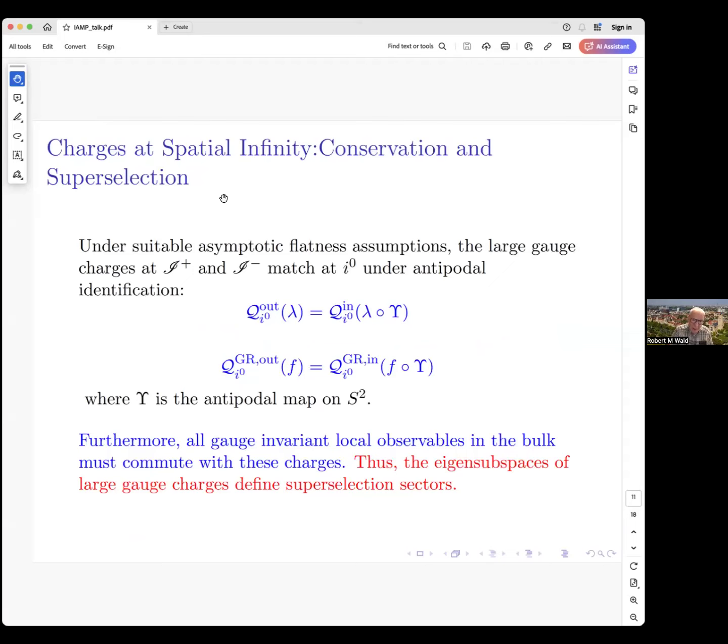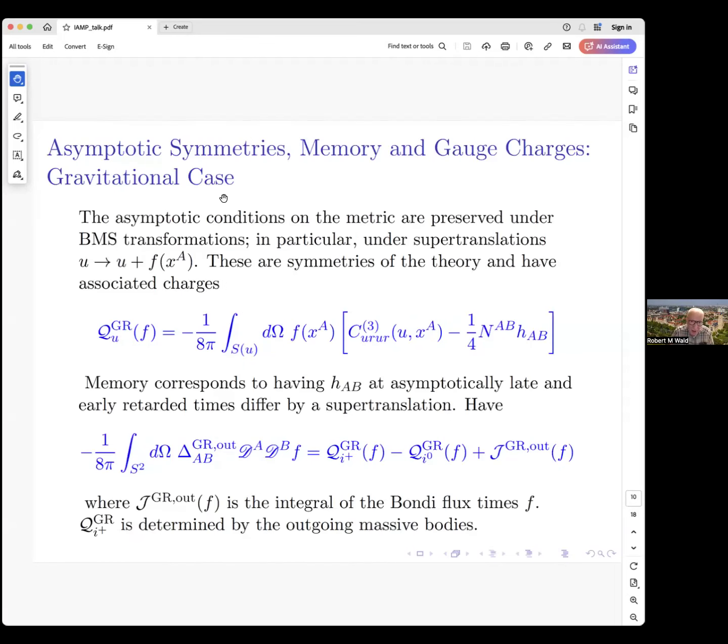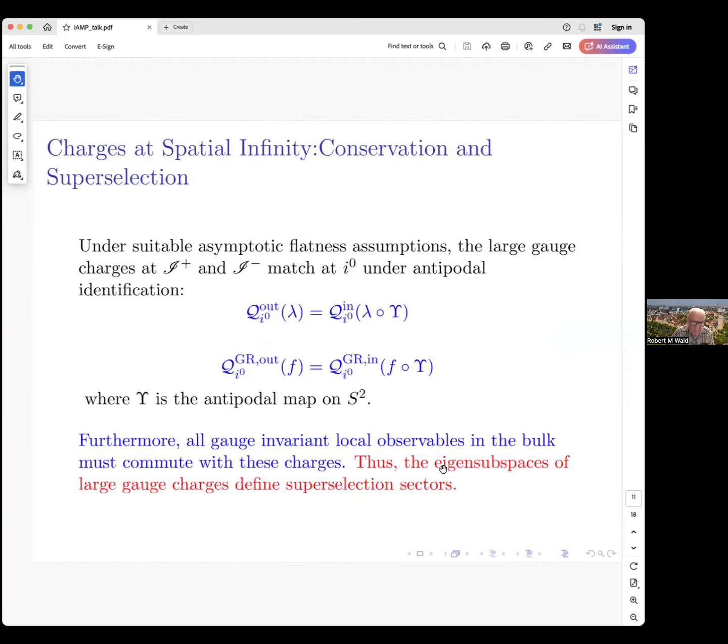Okay, and now a very important thing about these charges that I've just been talking about, and particularly the charges at spatial infinity. Two important points about them.